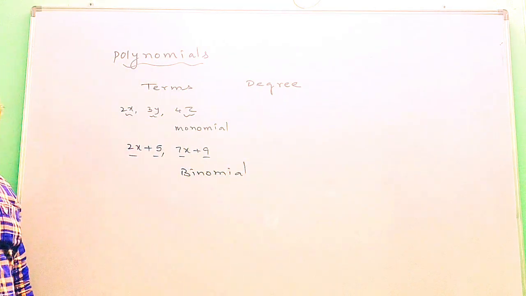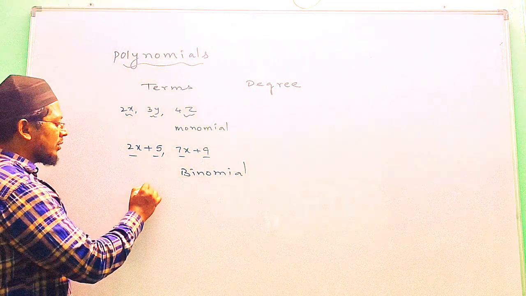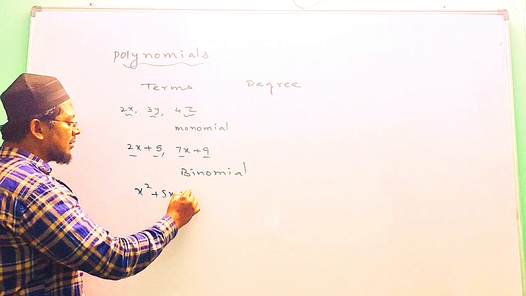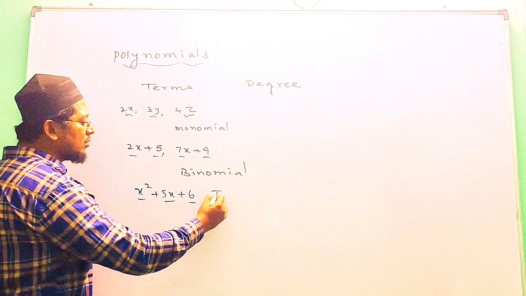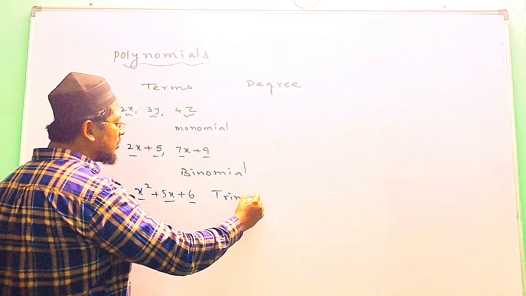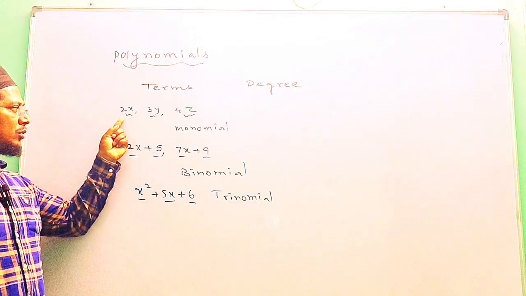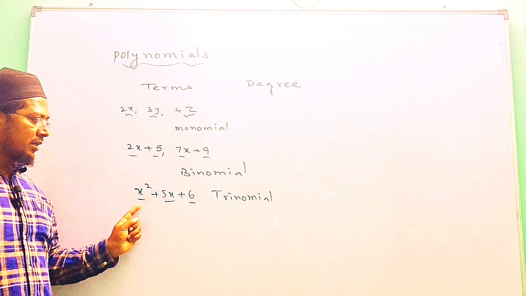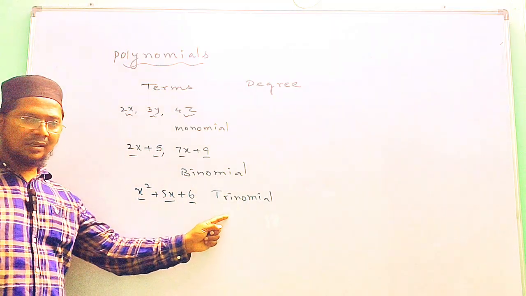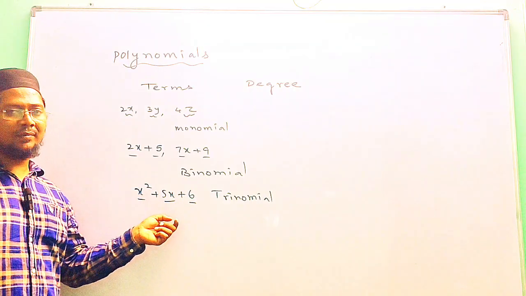Similarly, any mathematical expression which contains three terms, like x square plus 5x plus 6. So how many terms? 1, 2, 3. This is known as what? Trinomial. So based on the terms: monomial, single term; two terms, binomial; three terms, trinomial; and more than three terms is known as multinomial.